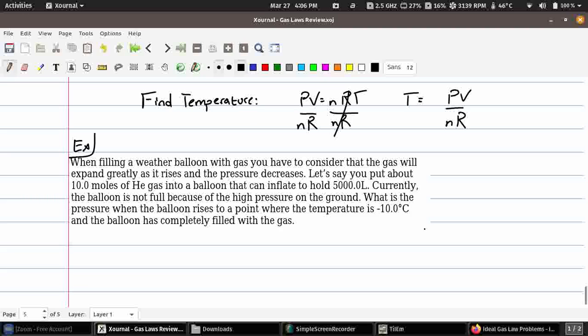So let's figure that out. This one isn't an ideal gas law, but we could still figure it out. This one looks like pressure, temperature. This is Gay-Lussac's law. So that would be P1 over T1 equals P2 over T2. Oh wait, no, there is moles in there. Never mind. What am I doing? All right, so PV equals nRT.